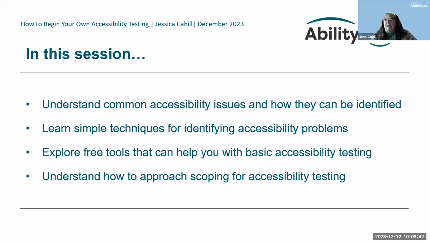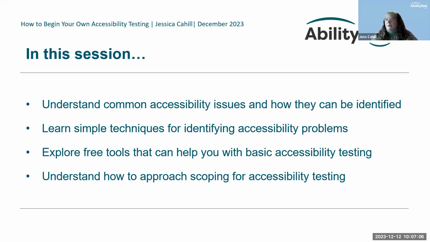We'll look at some simple techniques to identify accessibility problems. So you'll be able to use these without any assistive technology and with no particular knowledge of coding. We'll explore some free tools that can help you with your testing. And we'll understand how to approach scoping for accessibility testing. So scoping being how to decide what you're going to test.